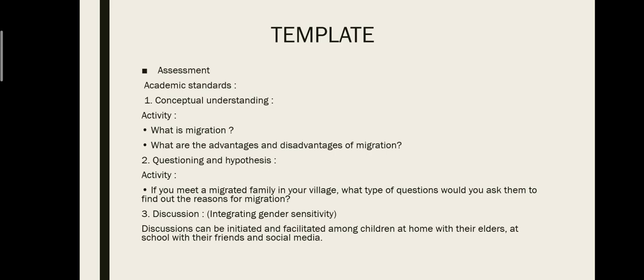Under discussion, we are integrating gender sensitivity, no gender bias. We are involving all the children, both girls and boys, to discuss with each other. Here, discussions can be initiated and facilitated among children at home with their elders, at school with their friends, and on social media.